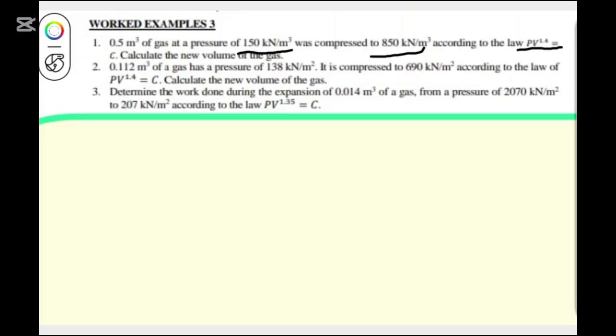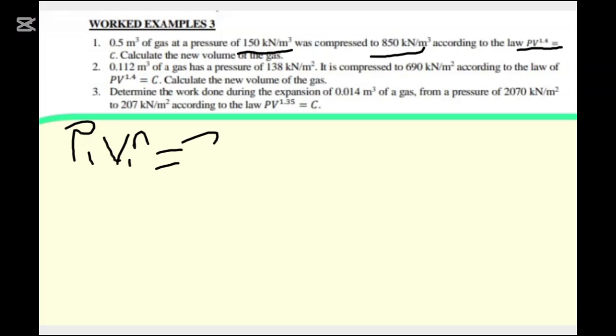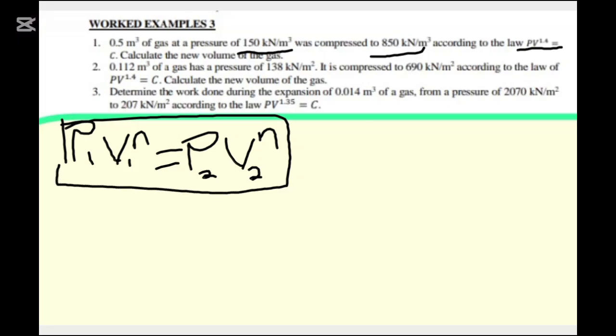You have to take note that for a polytropic process, P1 V1 raised to the power of N is the same thing as P2 V2 raised to the power of N. So we are going to substitute into this formula and calculate the new volume of that gas.